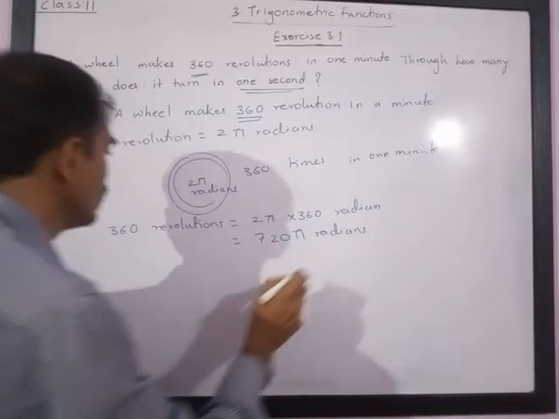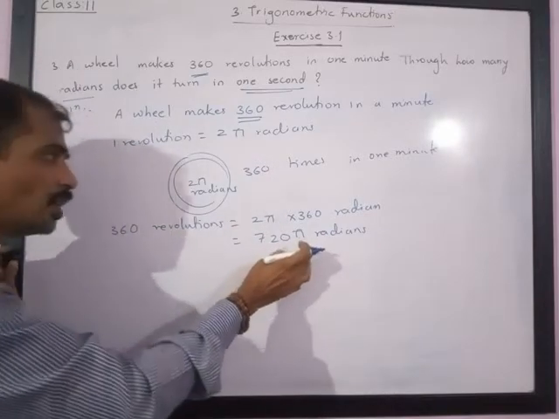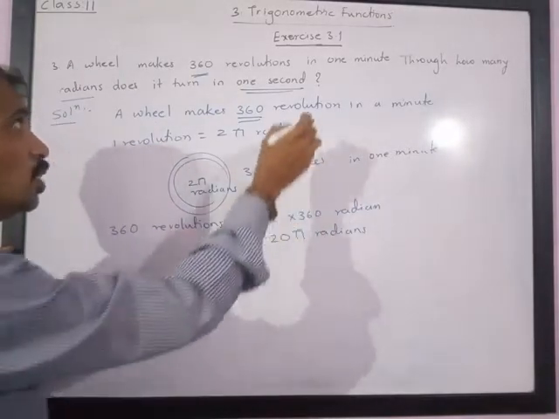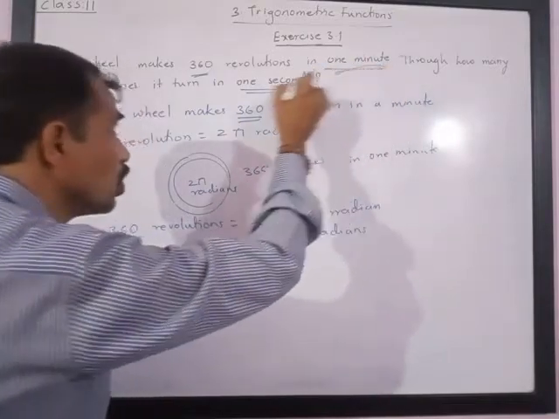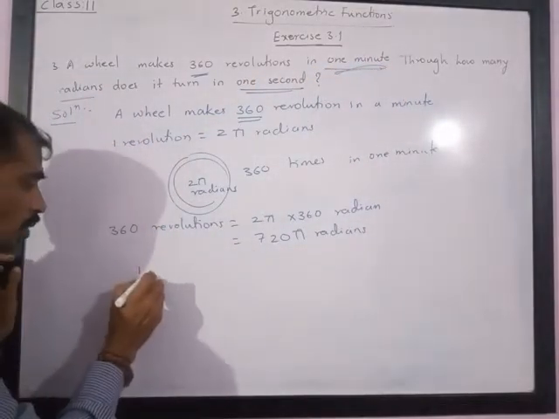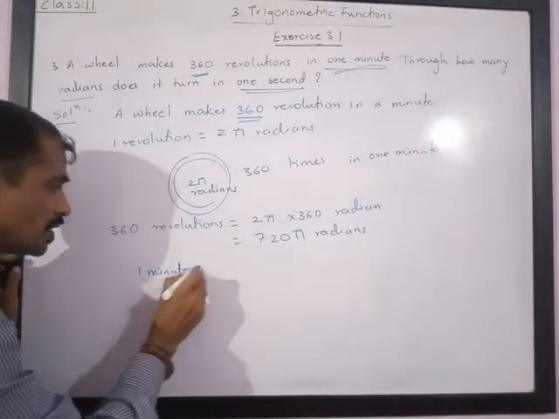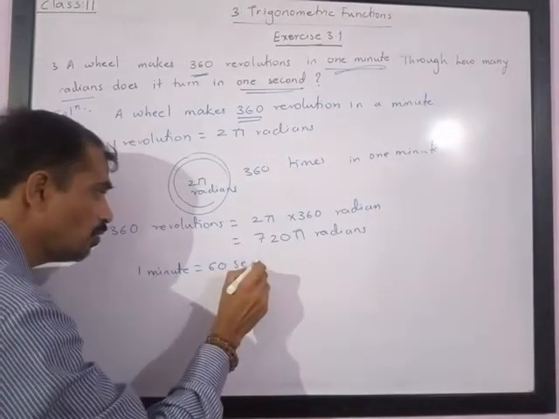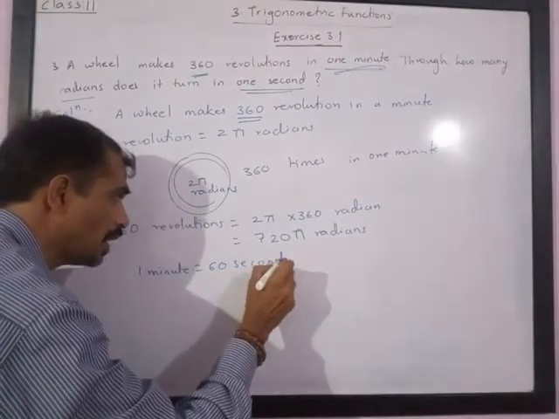But please note, we have got 720 pi radians in 1 minute. We know that 1 minute is equal to 60 seconds. So if you divide it by 60, you will get the answer.